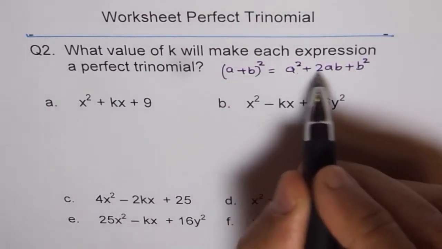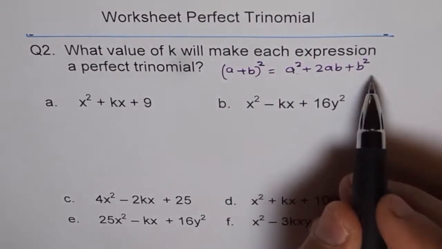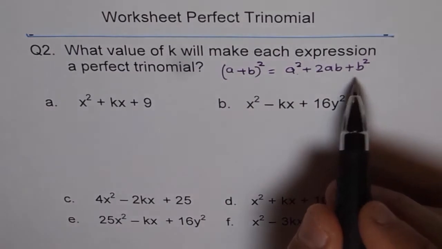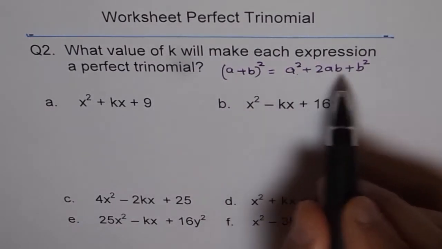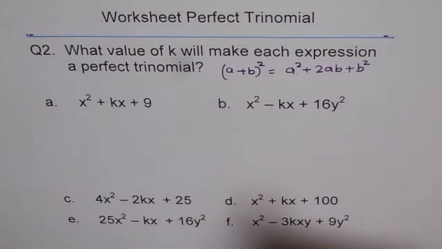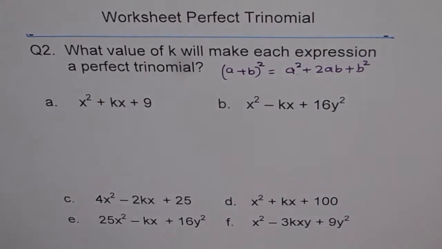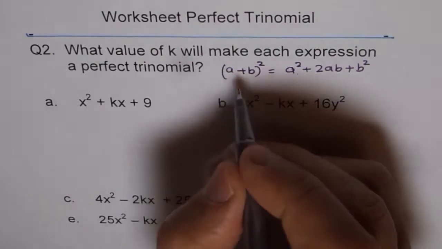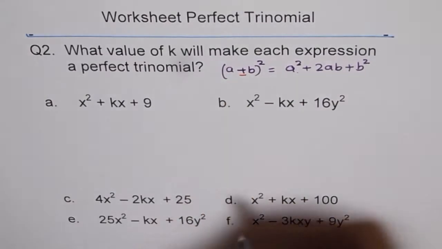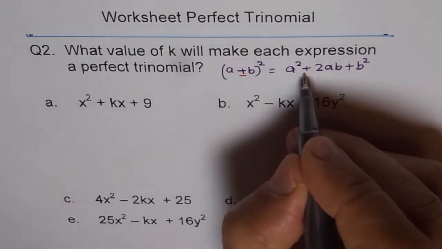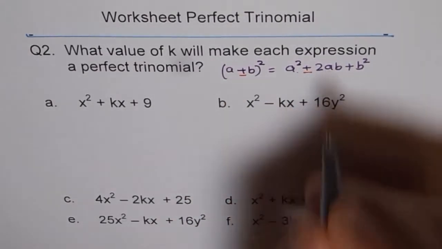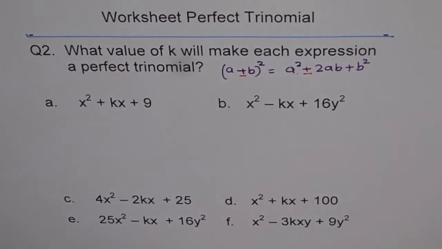So that is a trinomial, and we say perfect trinomial when it factors and both factors are the same. So in this case, both factors are a plus b. Now, you could also have (a minus b) whole square. That is also a perfect trinomial. In that case, here you'll find minus 2ab as your center term, right?